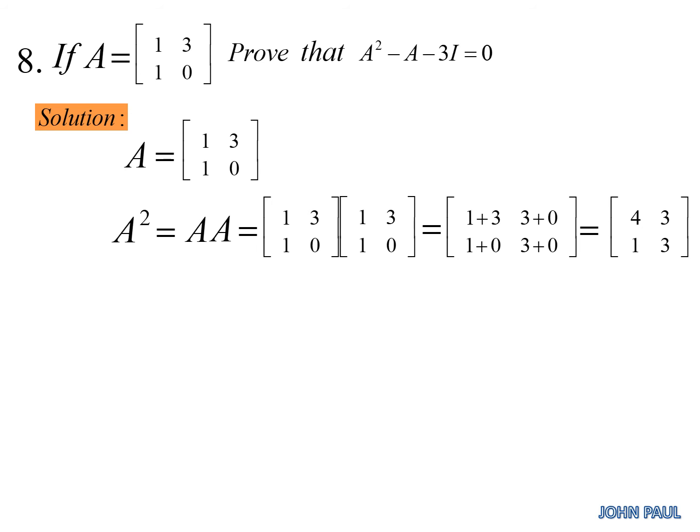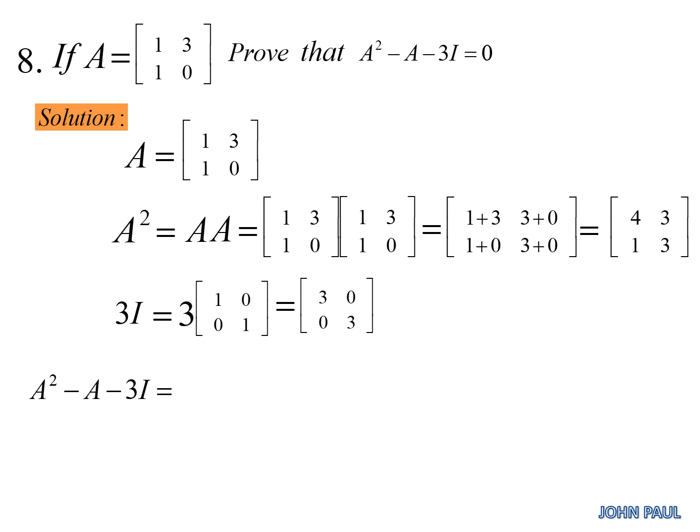A square is 4, 3, 1, 3. 3I equals, I is the identity matrix 1, 0, 0, 1. Multiplied by 3, we get the values.